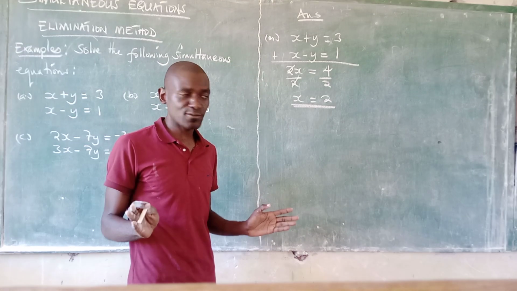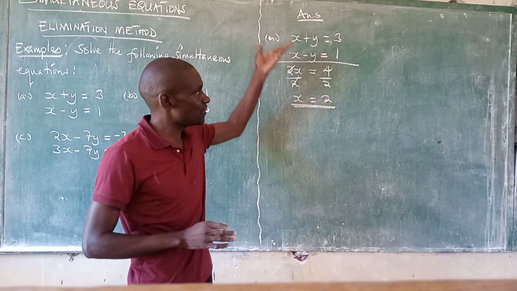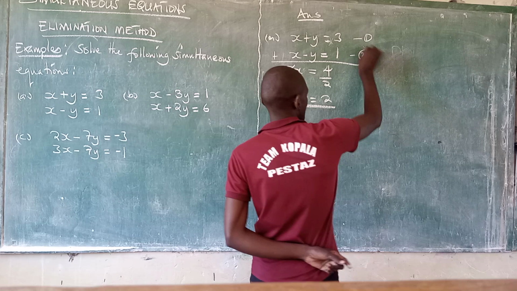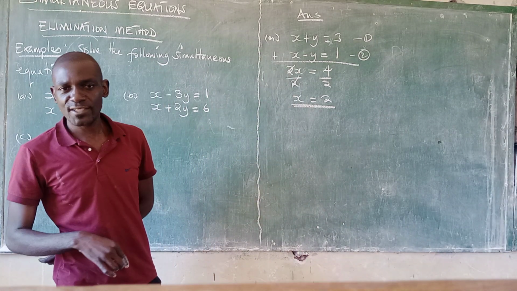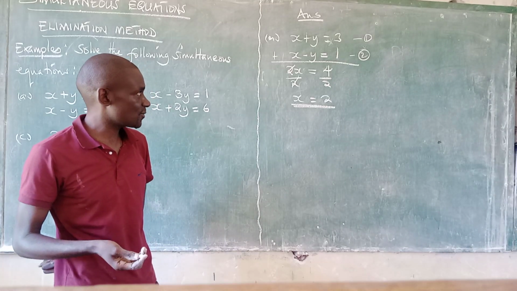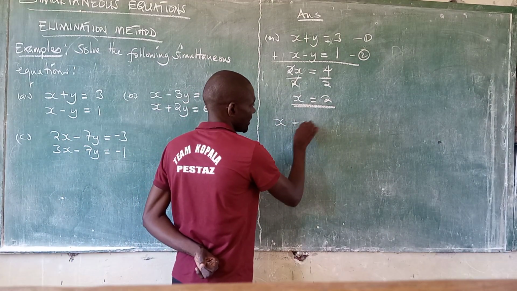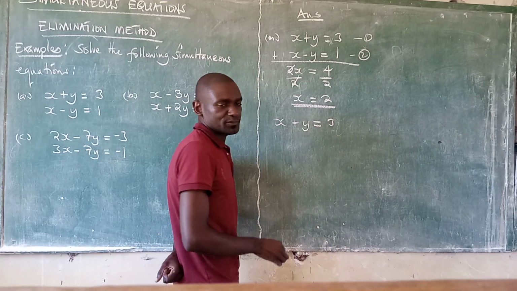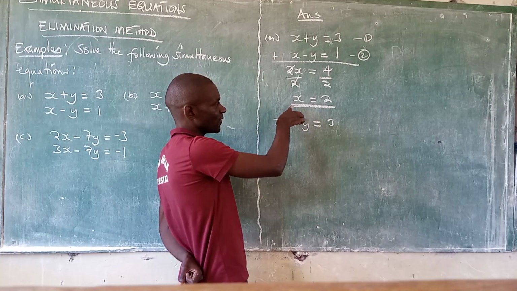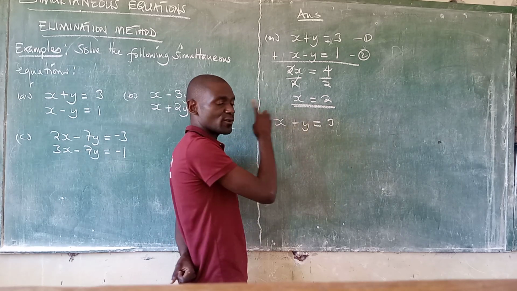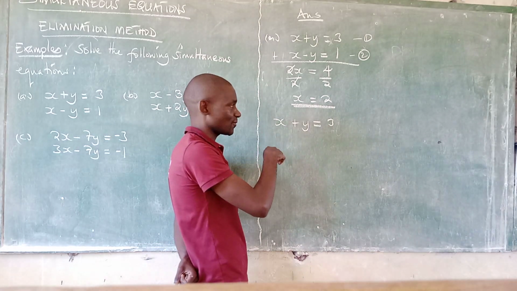Then we also need to find the value for y. We can pick any of the two equations. So we have equation 1, equation 2. If you want, you can use equation 1 or you can use equation 2. Let me use equation 1. So equation 1 says x plus y is equal to 3. Now, since the value for x is 2, we are going to substitute in equation 1.